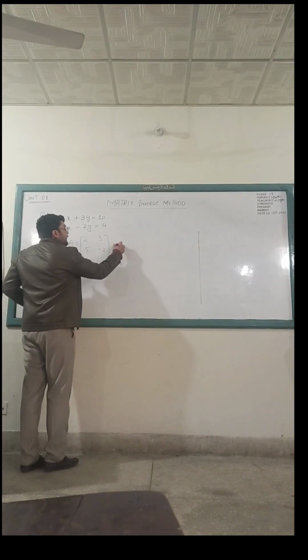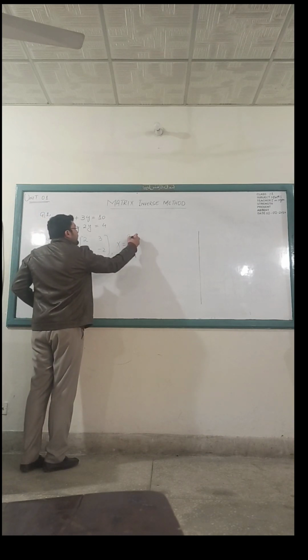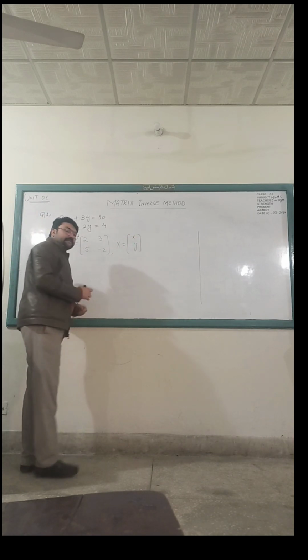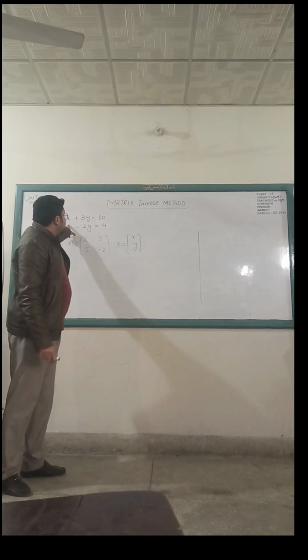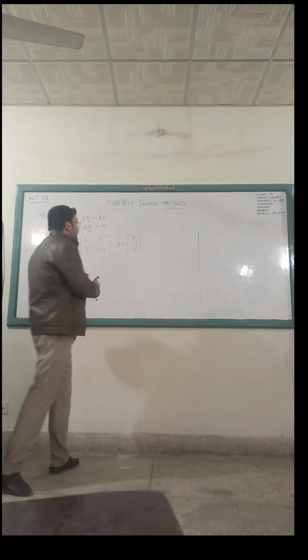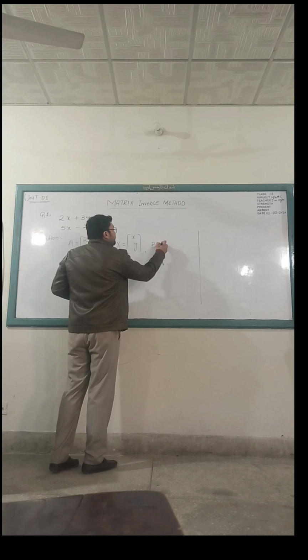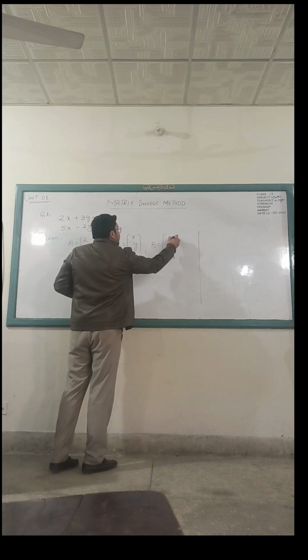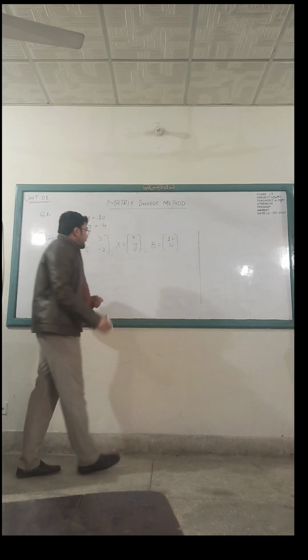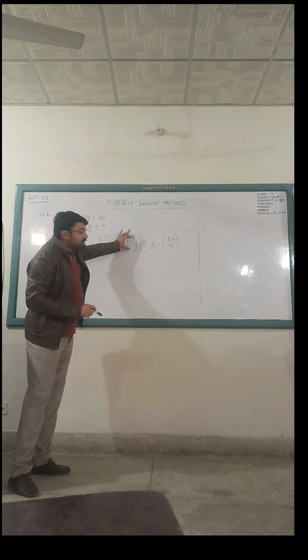Similarly, we will take X, which is equal to x and y, the two variables used here. The first one is x, the second one is y. And then we will find out B. B is 10 and 4. Now we need to find out the values of x and y.